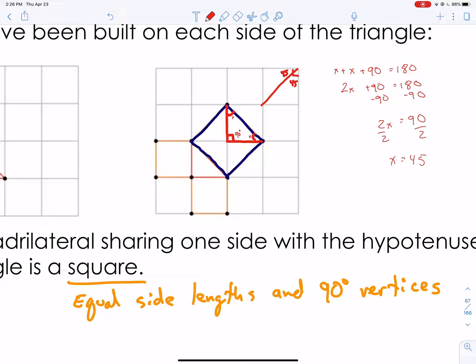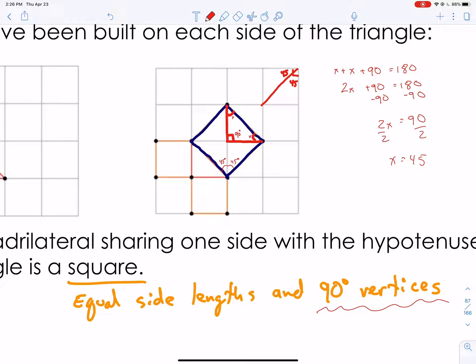Okay, so if this is 45 and this is also 45, because they're all the same triangles, then each of these corners of the square is 90 degrees. Okay, so we just proved that. So all of the angles are 90 degrees. All right, so that's one part of our definition.